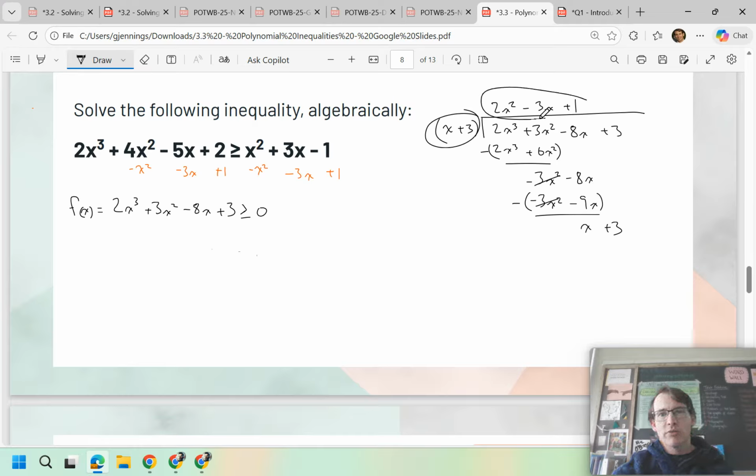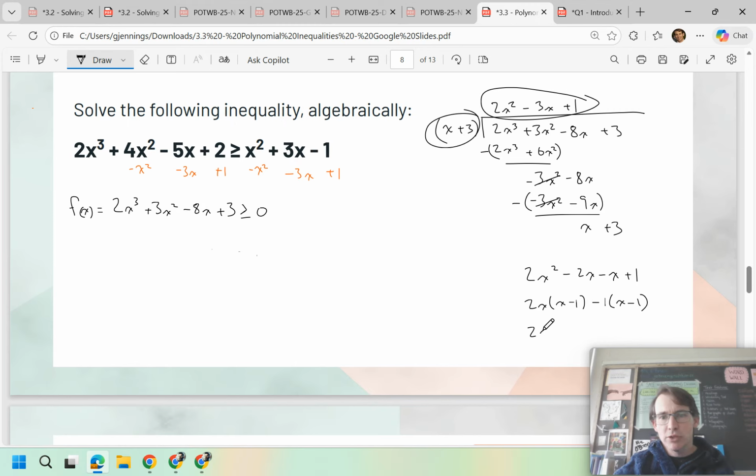Now we're going to factor this one. So I can see that that's the same thing as saying 2x squared minus 2x minus x plus 1. That factors by grouping as 2x times x minus 1, and minus 1 times x minus 1.